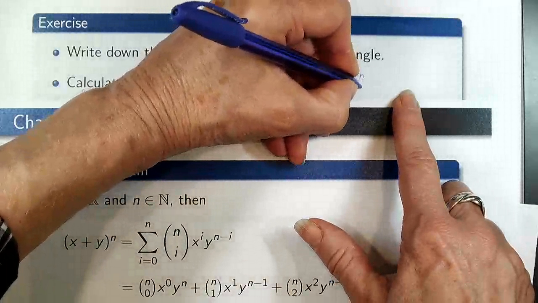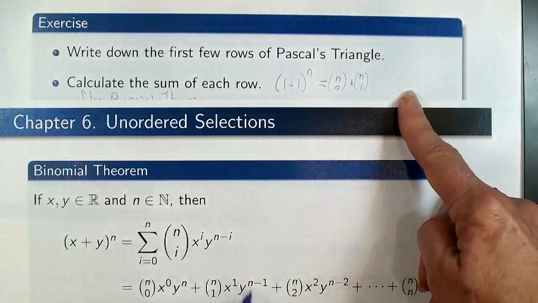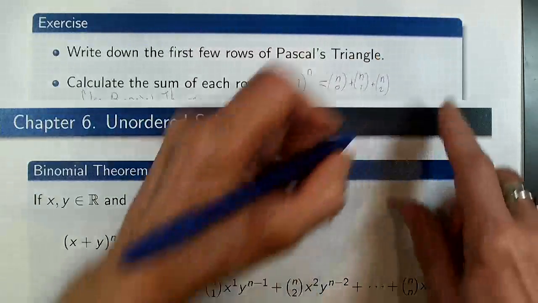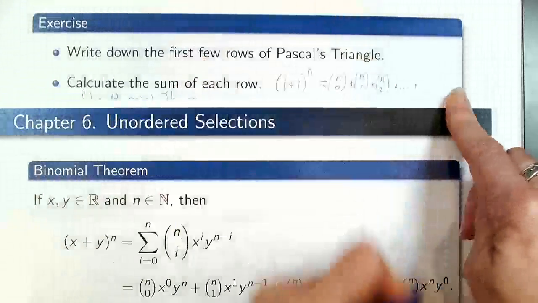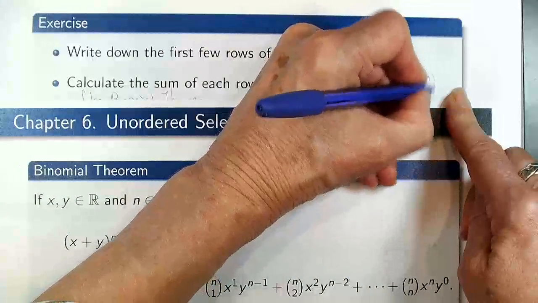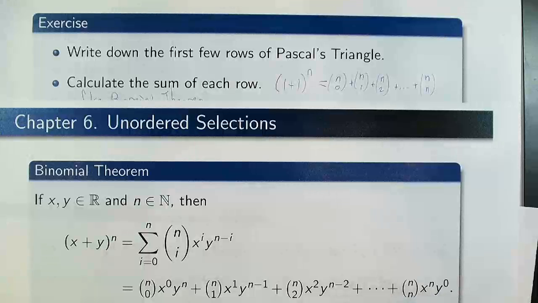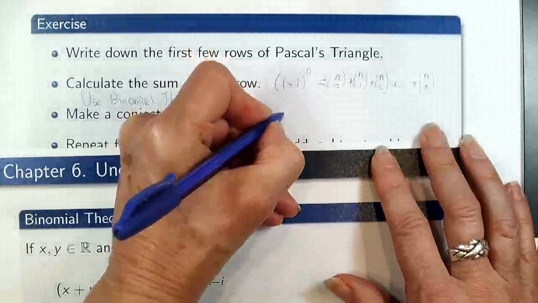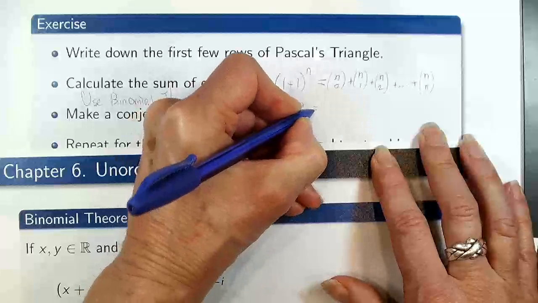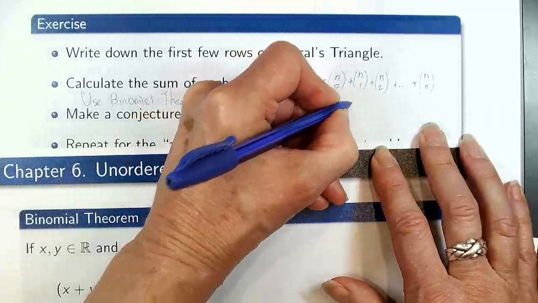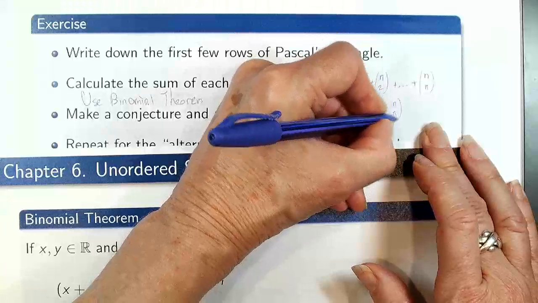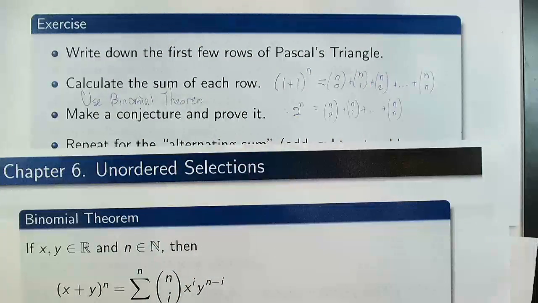Plus n choose 1 times 1 times 1, plus n choose 2 times 1 times 1, plus dot, dot, dot, all the way up to n choose n times 1 times 1. There it is. But 1 plus 1 is 2, so 2 to the n equals n choose 0 plus n choose 1 plus all the way up to n choose n, and that is the nth row of Pascal's triangle, isn't it?